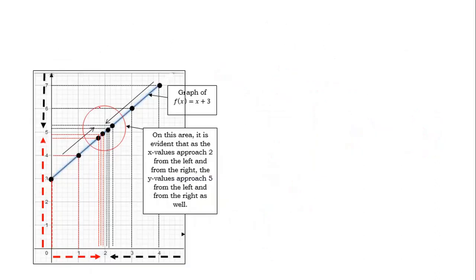So if we graph it, we can see that the value approaches 5. Okay? So L is equal to 5 because it approaches 5 but never reaches 5. So the answer to the limit is where it approaches, a certain value. That's the limit. Okay? If the right side and the left side approach the same certain value, that value is our limit.